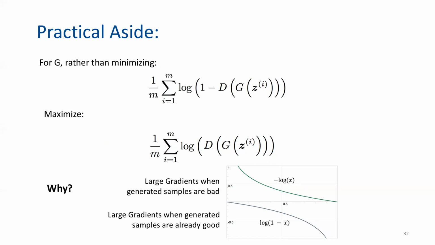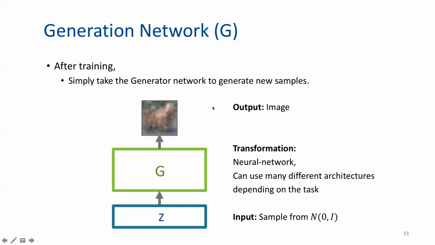When the samples are bad, the discriminator will discriminate easily, meaning its error is small, and so then you get weak gradients. So this approach generally works better. Okay, let's see. Yeah, and so our generator is just a neural network. We'll describe the architectures in a moment, but our goal is to make that differentiable so that it's easy to train the entire system.